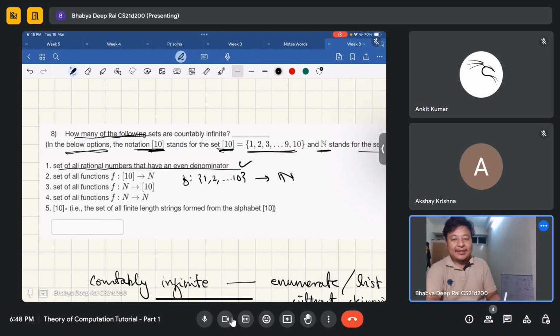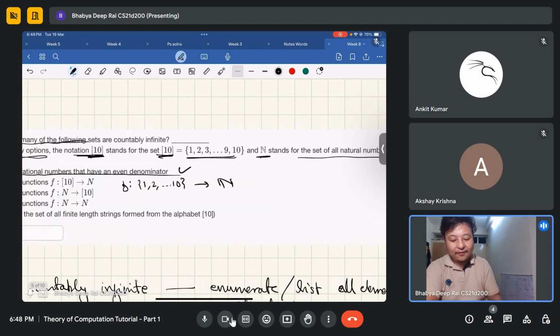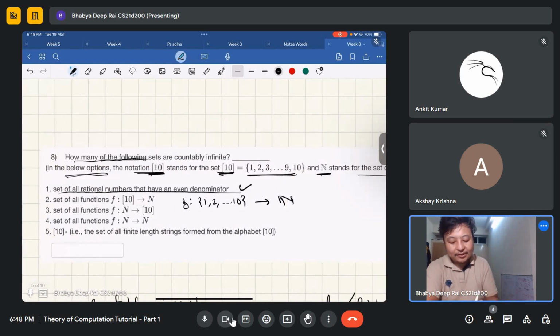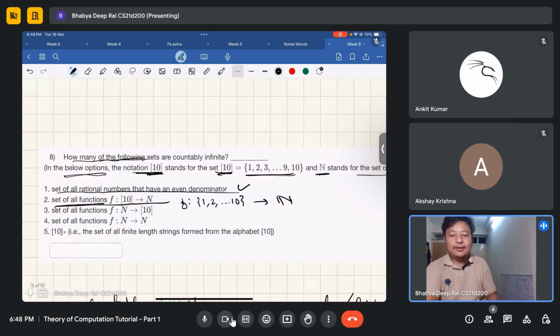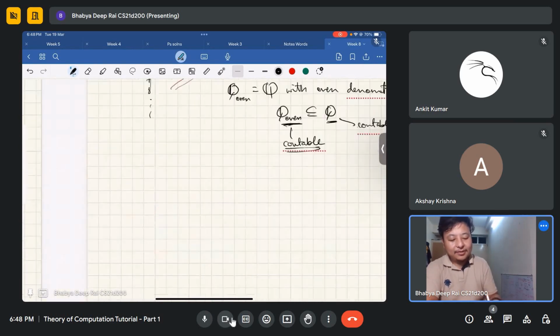The question is asking if it is countable or not: the set of all such functions that take 1 to 10 and give a natural number.